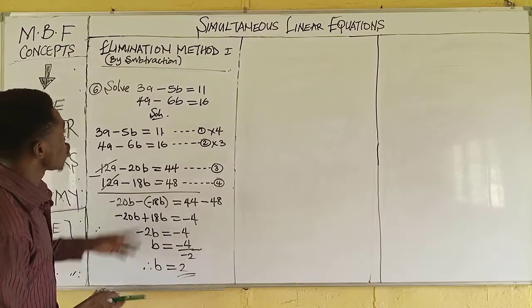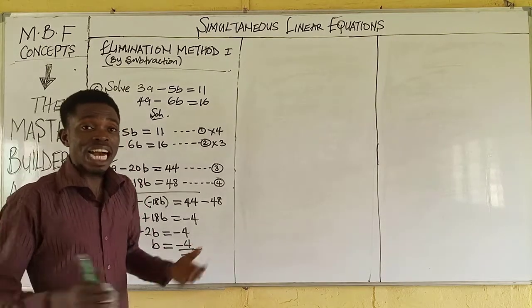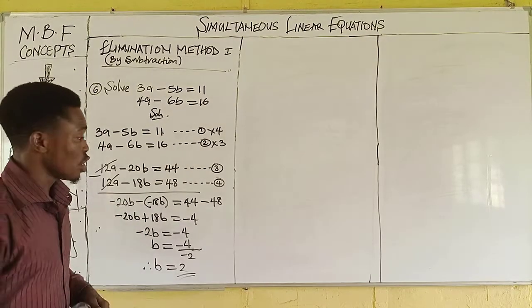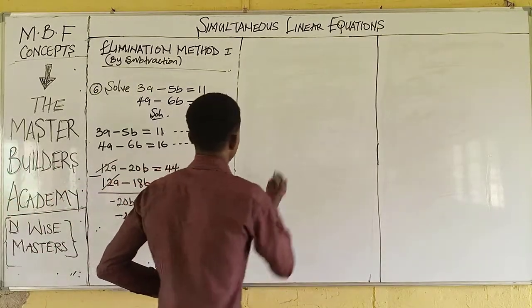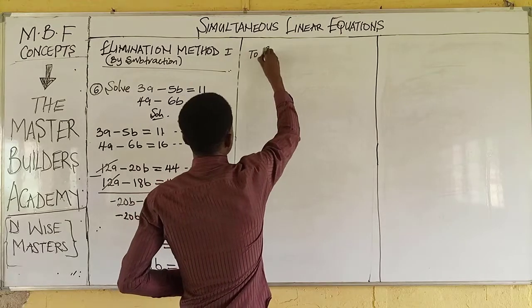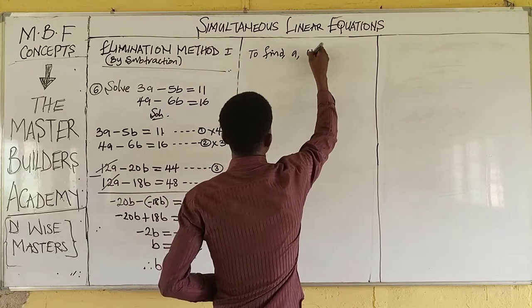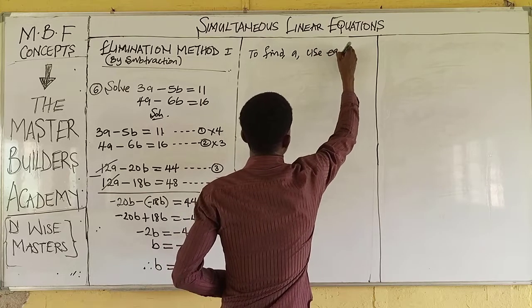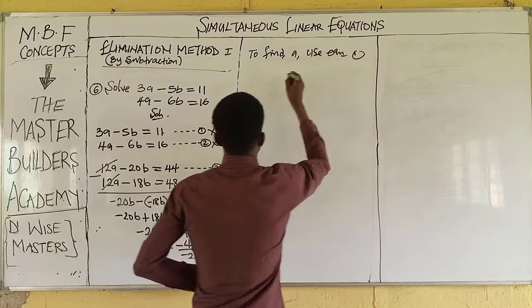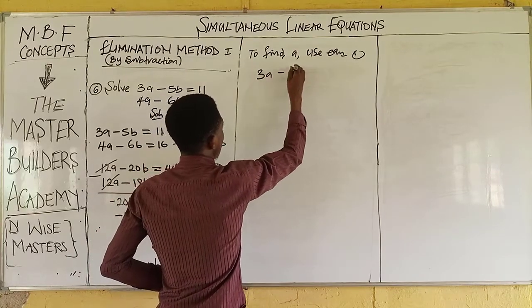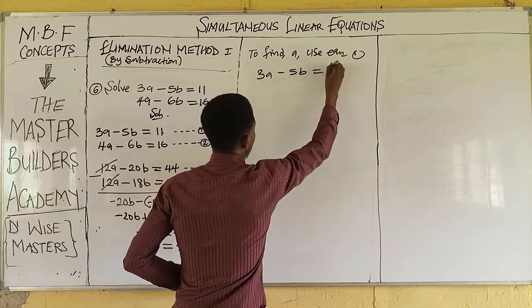The next thing we are quickly going to do is to find a. And to find a, you can make use of any of the equations. Now, let's make use of equation 1. So to find a, use equation 1. And what do we have in equation 1? We have 3a minus 5b is equal to 11.